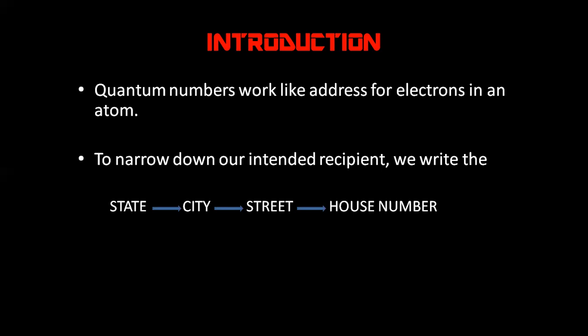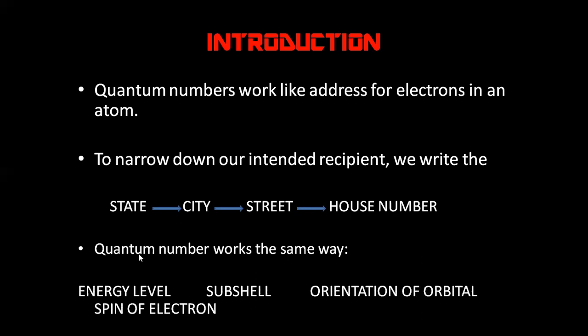In the very same way, whenever we talk about a particular electron, the quantum numbers work in the same way. The 4 quantum numbers specify 4 things which help us to localize or identify a particular electron.